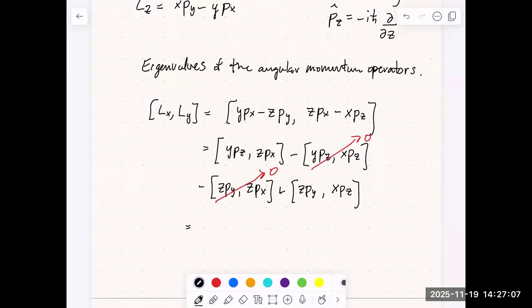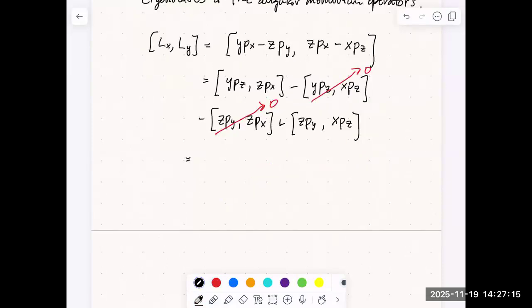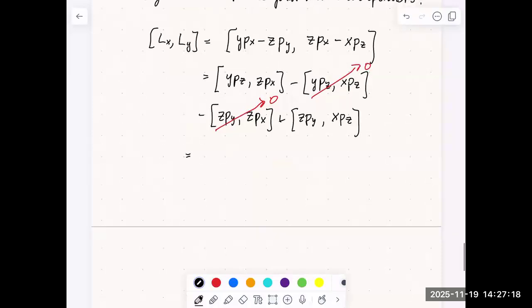Okay, so let's see. How could we write this? Let's try y pz z px. Okay, that's the first one we have left over here. And let's just write some of this out. So what's it going to be? y pz z px minus z px y pz.